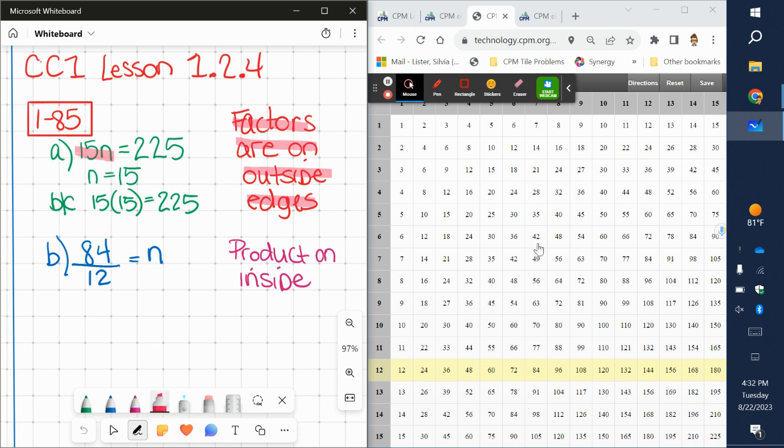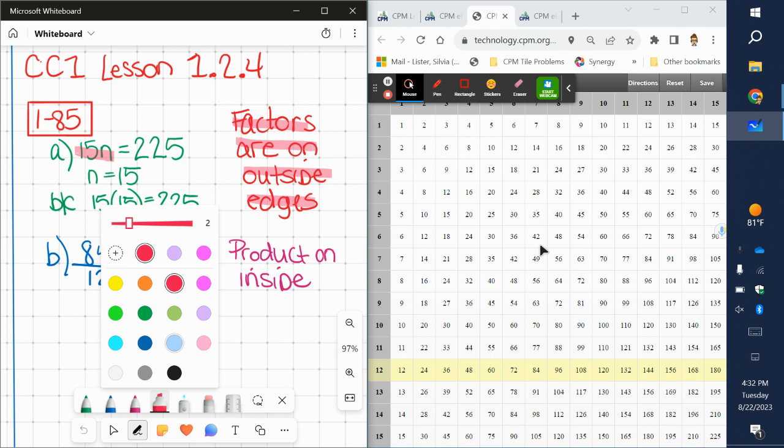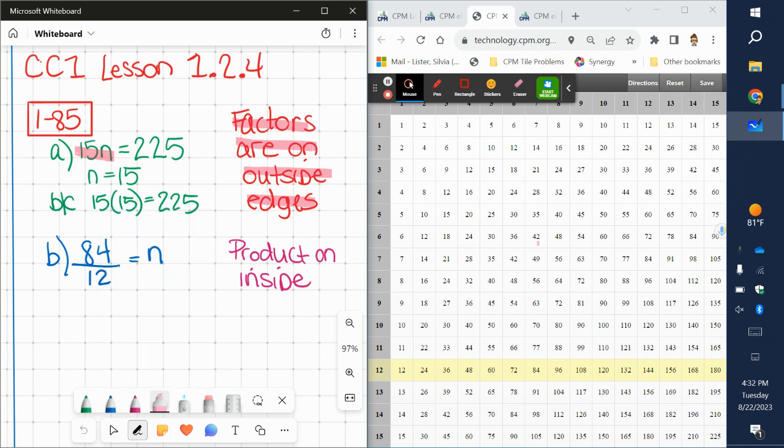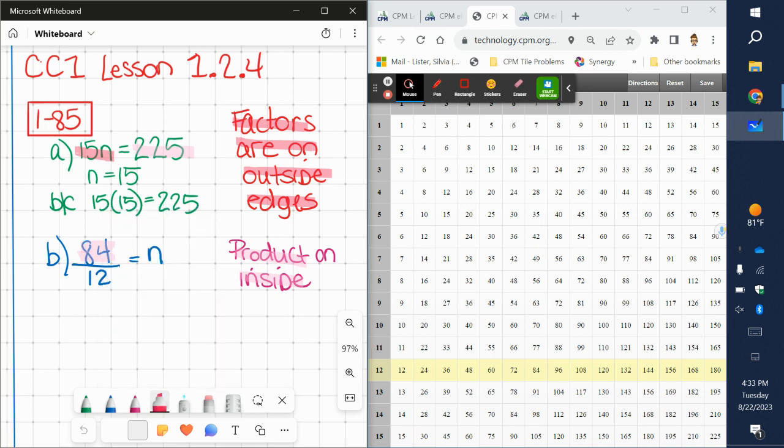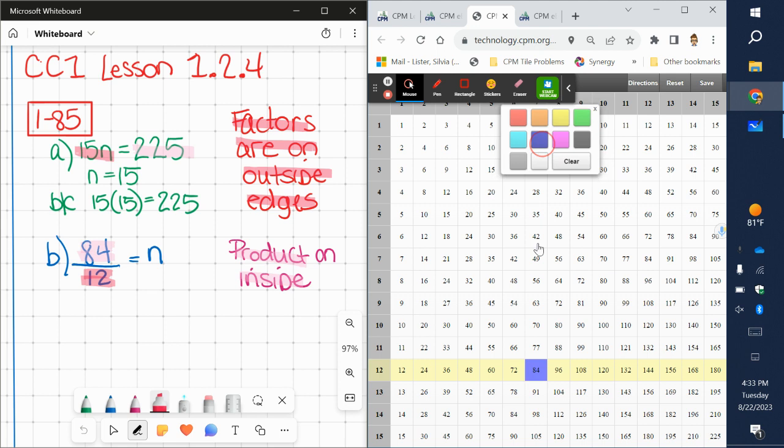So let's highlight that in pink, so it kind of matches that writing. Product is on the inside. So when you're looking, this 84 is our product and the 12 is one of the factors. I've got to figure out where 84 is in this row, and I found it right there. I'm going to highlight it in blue.